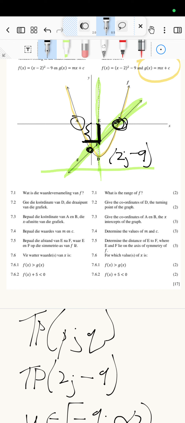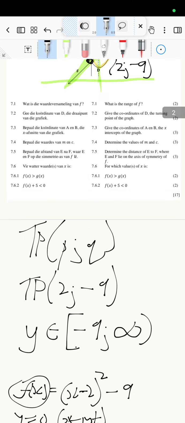So I'm going to take the coordinate 2 as x, which is this x value. Substitute the 2 into the straight line. That will give me the y value of the coordinate f. And then the distance from 0 up until the y value of coordinate f is the distance of E to F. Okay, so again, what am I going to do? I'm going to put the 2 into the straight line.